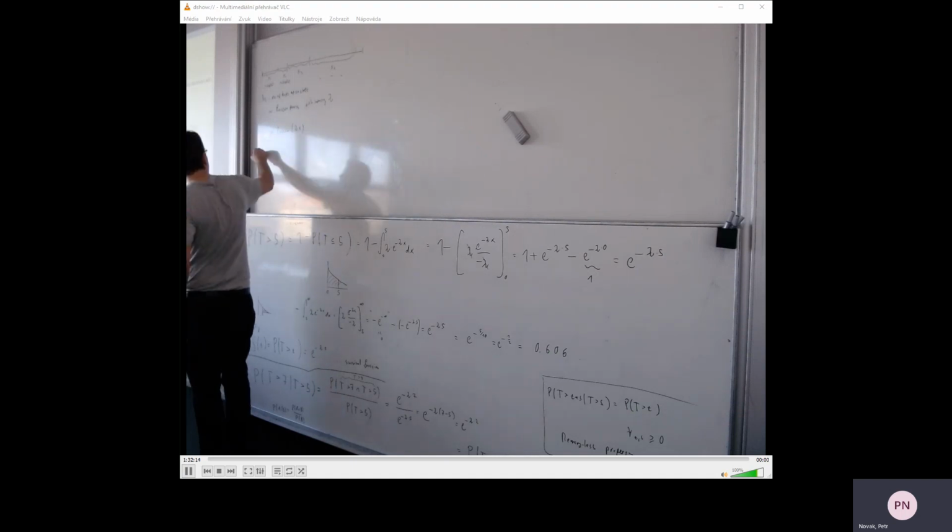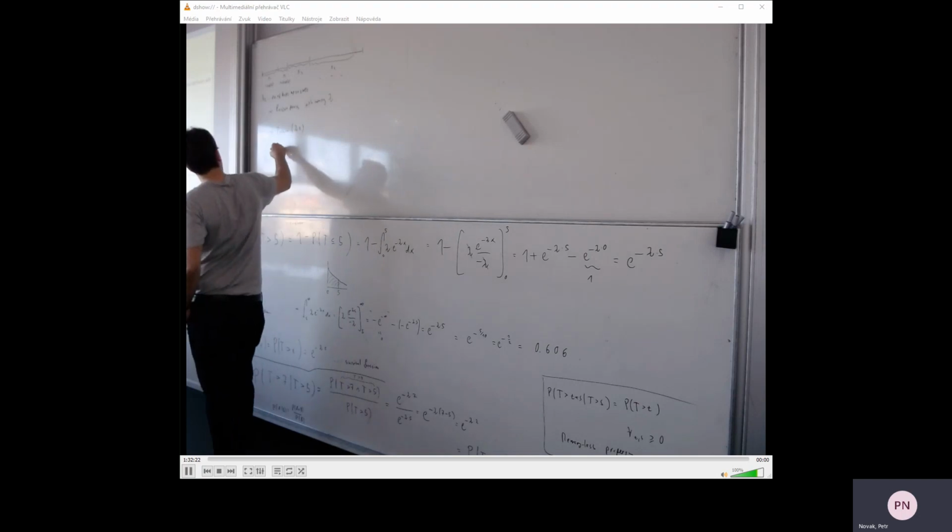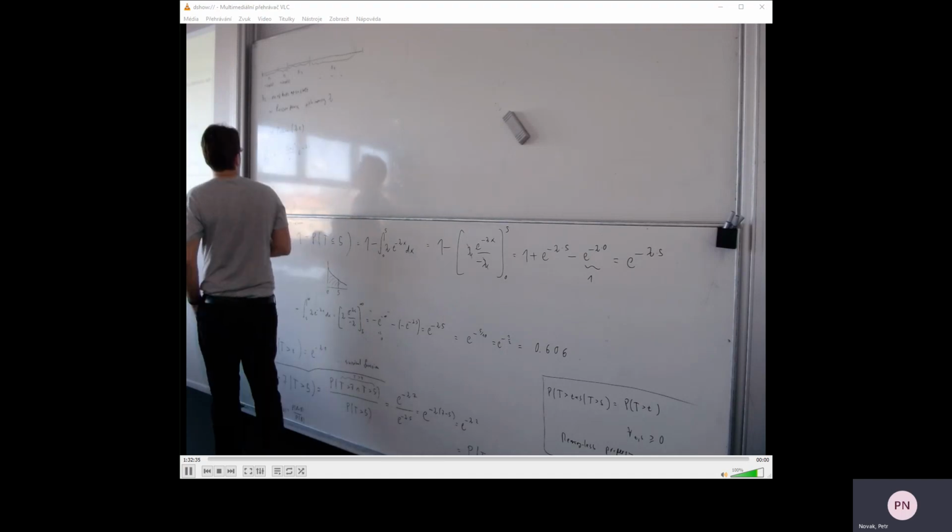So the probability that in amount of time t we would have exactly k buses is (lambda t) to the power of k over k factorial, e to the power of minus lambda t.